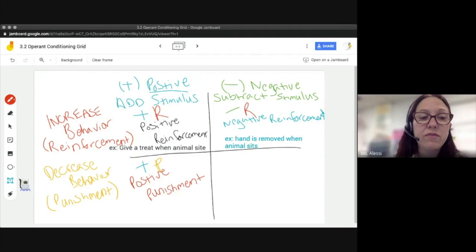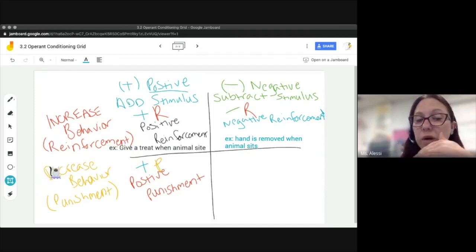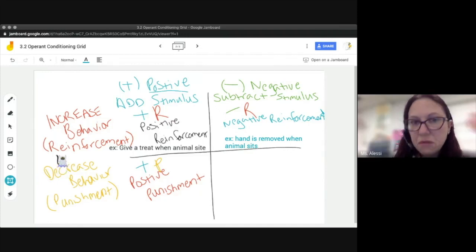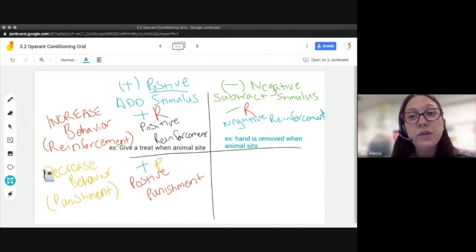Some of you may even do this with your animal. And it's not always a bad thing. It's not always evil, it's not always mean. Some of you may have a spray bottle that you spray a dog with when the dog does something. Are you hurting the animal by putting water on its coat? No, you're not hurting the animal, but you're adding a stimulus because you want a behavior to stop. You have a little jerk on a collar; you add a stimulus, you want the behavior to stop.